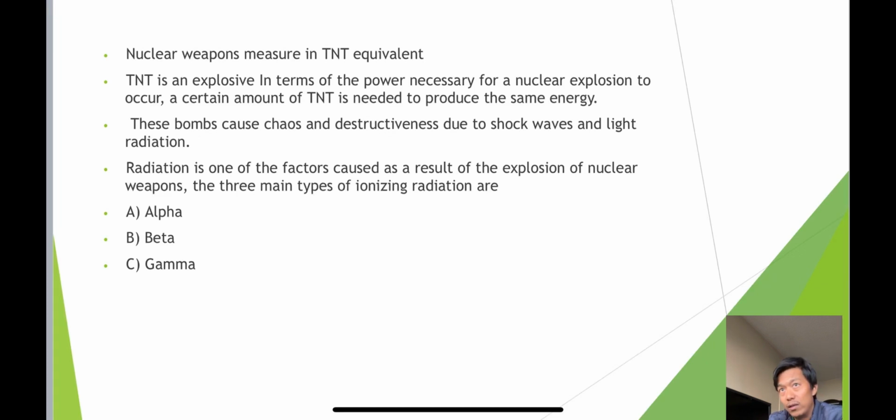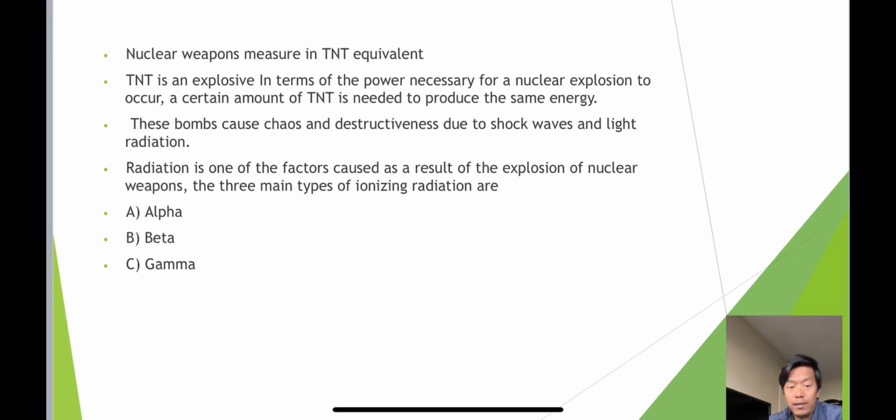TNT equivalent also measures the capability of the weapons, and whenever destruction occurs, there will be a release of radiation which is really harmful to living persons. Alpha, beta, and gamma have their own properties which affect persons.